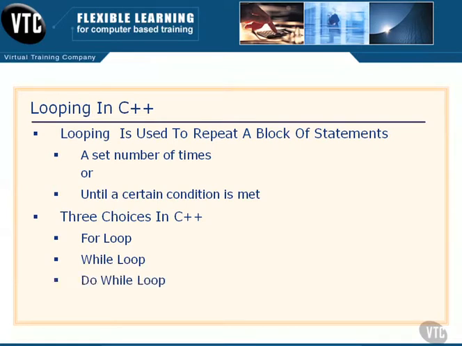And then we'll do the do loop, or what's also called the do while loop. So loops are something very simple when you look at them in a very simple example, but you can really do some complex things with these, and you can really make some magic happen with your coding. All right, so in the next few videos we're going to take a look at the for loop, the while loop, and the do while loop.